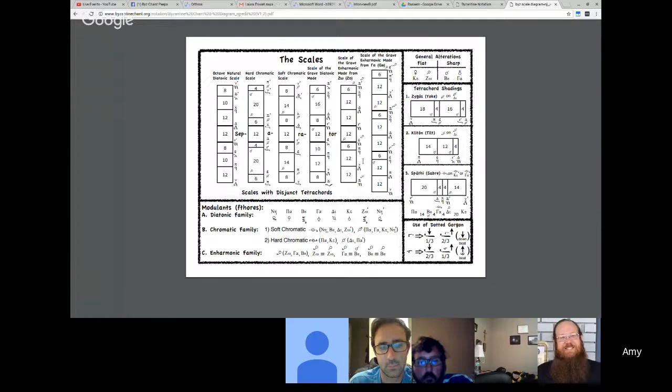So right here, oh, actually it is right here. This thing here that says scale of the grave and harmonic mode from Ga. John Michael Boyer said that there is not actually a scale. This should not have the word scale. But what you can see is the Ajam is placed on the Ga and the Zo and the high Vu. And you can see what I was talking about, how it affects the tetrachord.